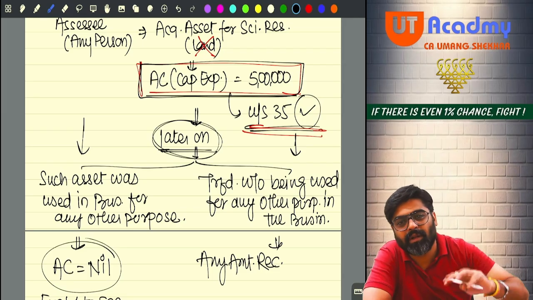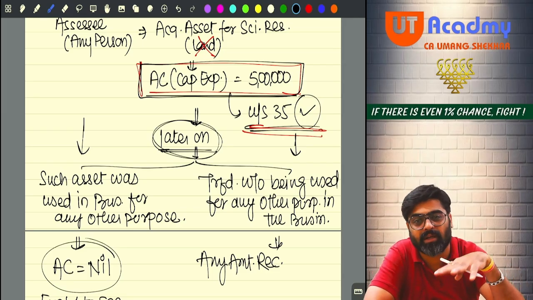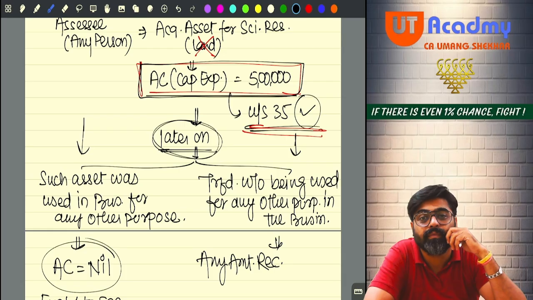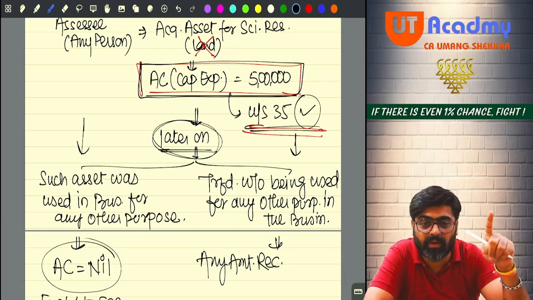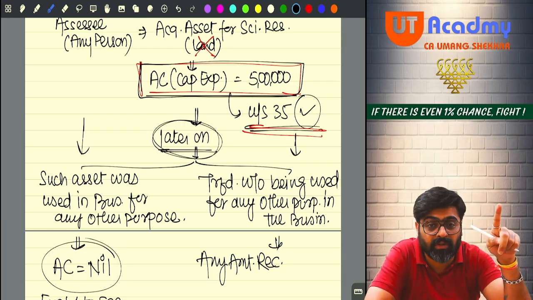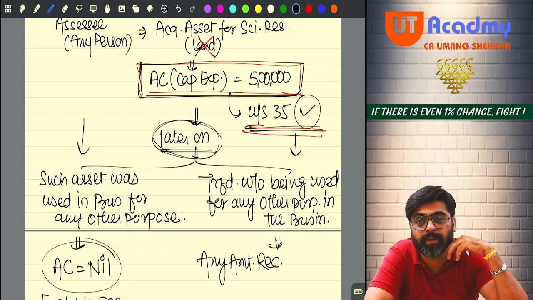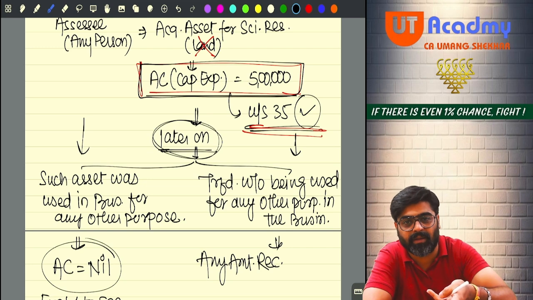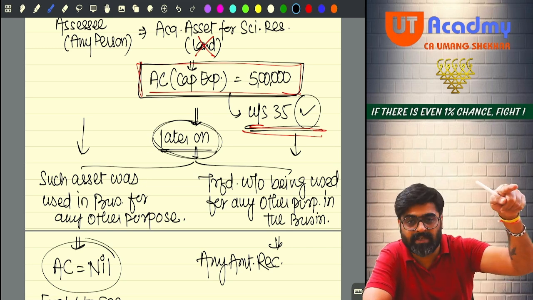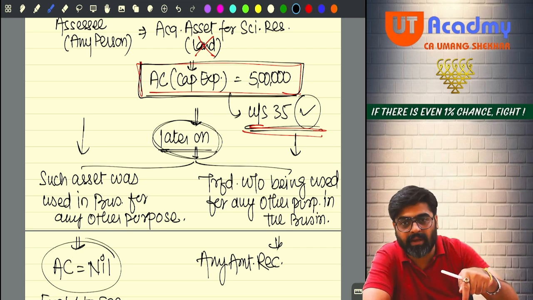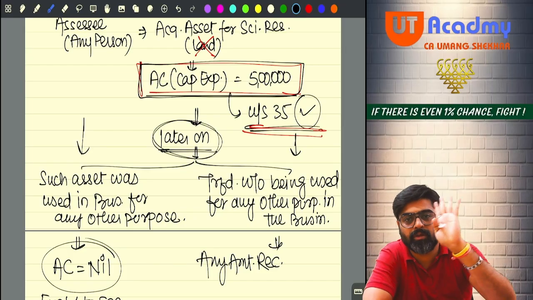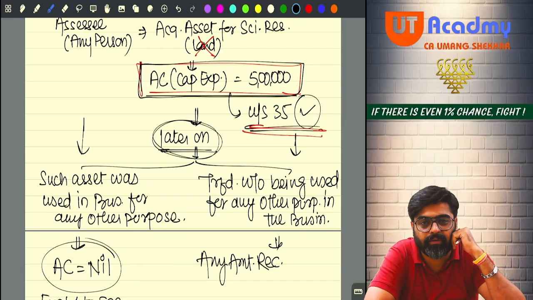So what if that 5 lakh worth of asset you are selling right now for 3 lakhs? That 3 lakh will be your deemed PGBP income because it is coming out of that 5 lakhs only which was allowed under the PGBP head. Against that 5 lakh only this 3 lakh is coming. So against that, whatever recovery is happening, 3 lakh will be treated as your deemed PGBP income.